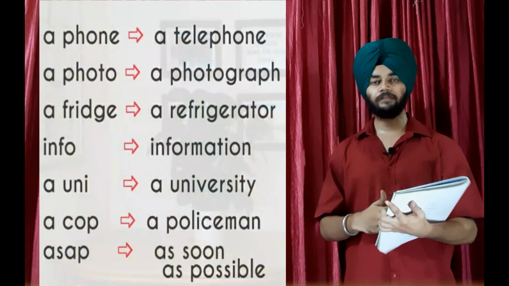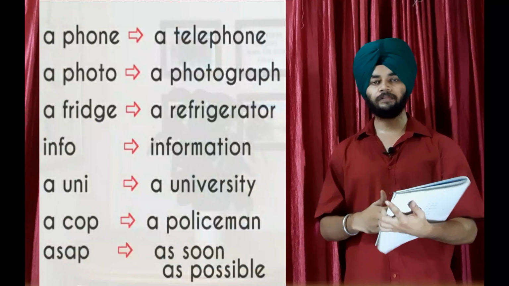Instead of phone, use telephone; instead of photo, use photograph; instead of fridge, use refrigerator; and in the case of info, use information. Never use shortcuts in writing task 2. Next, uni is university, cop is policeman, ASAP is as soon as possible. So guys, the words on the right side are formal words.